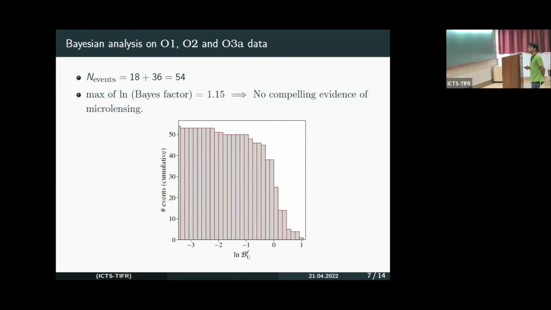This plot shows the cumulative histogram of the observed Bayes factor values in the actual GW data, and you see the maximum Bayes factor is 1.54 among all these 54 events. So there is no compelling evidence of a microlensing signature in the observed GWs.